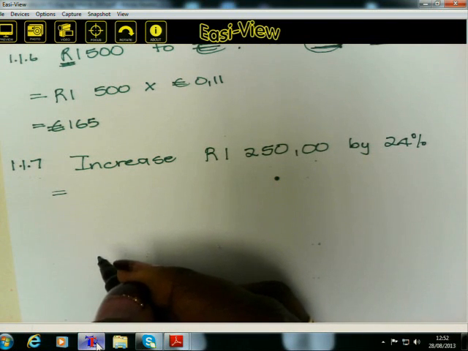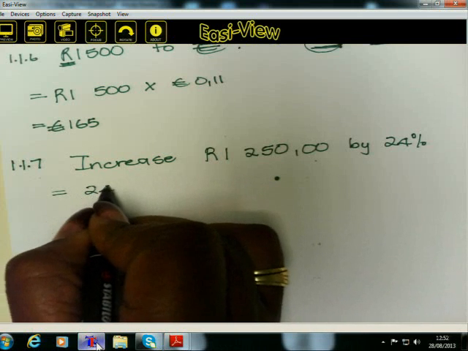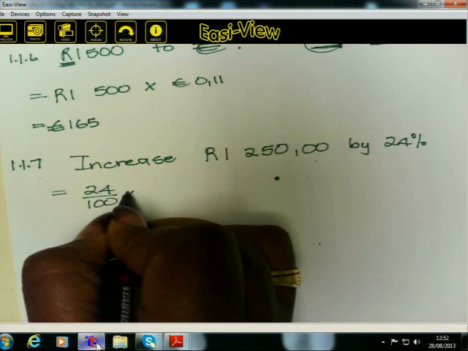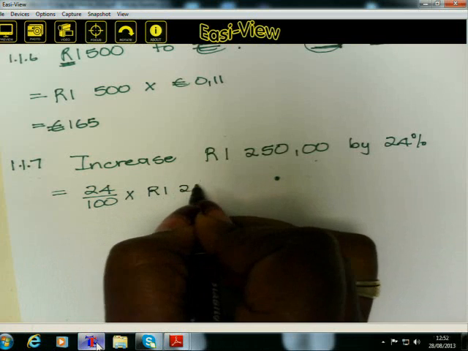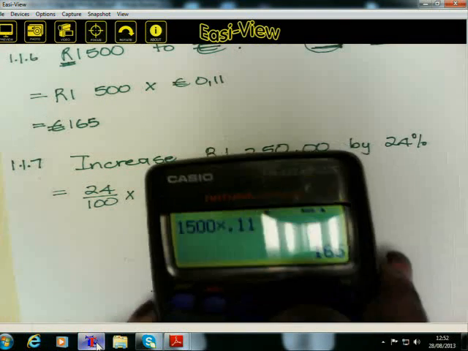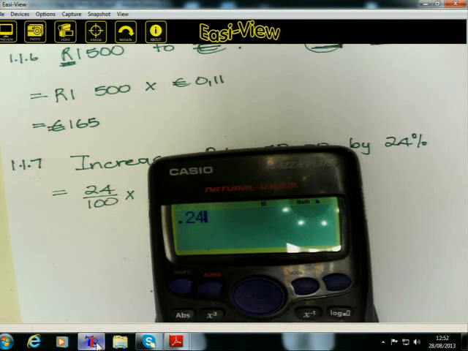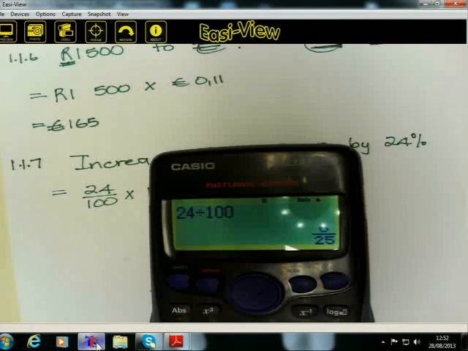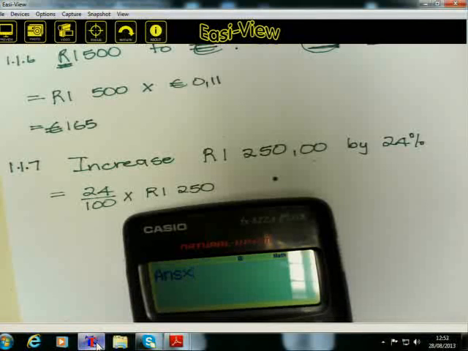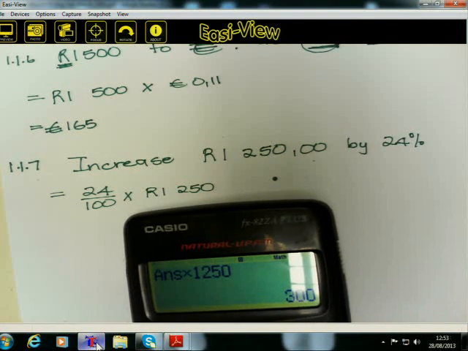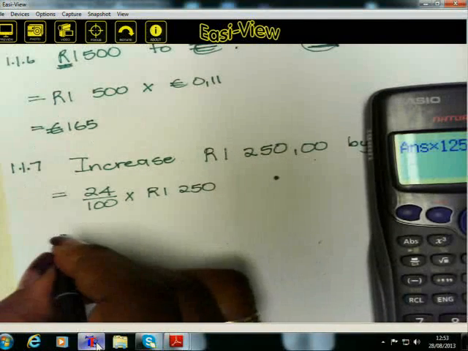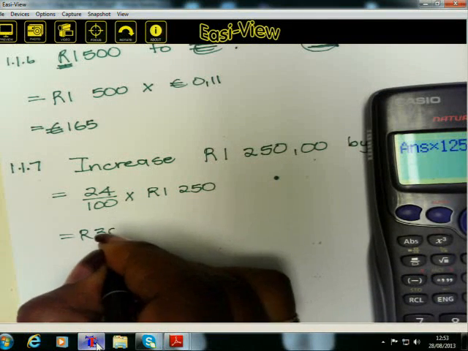Now, I know that other learners would first say 24 divided by 100, multiply that by 1,250, and then calculate that. 24 divided by 100, multiply that by 1,250, we get 300. So remember, it's 300 rands.